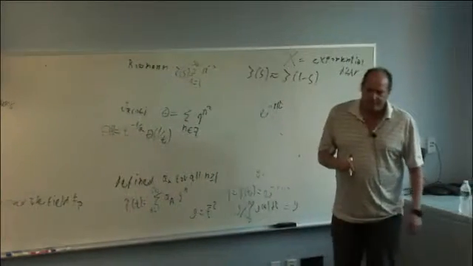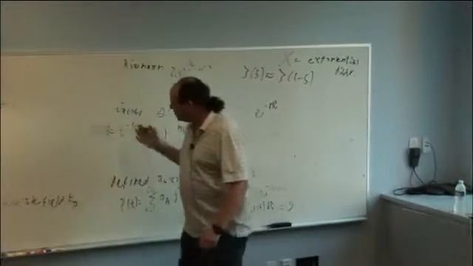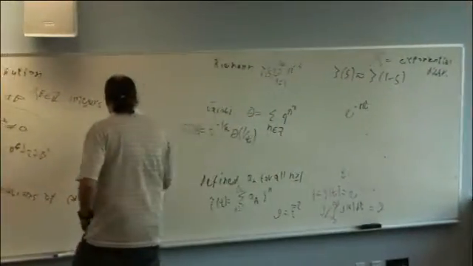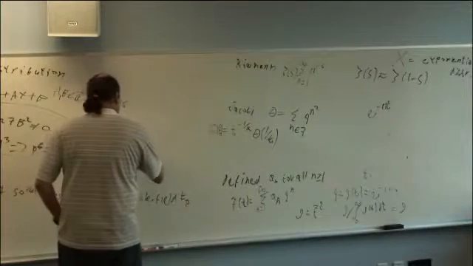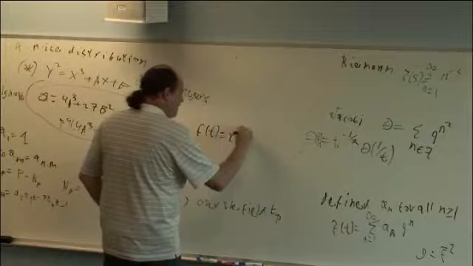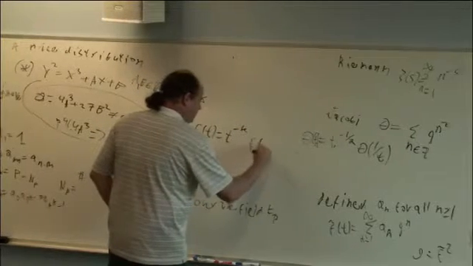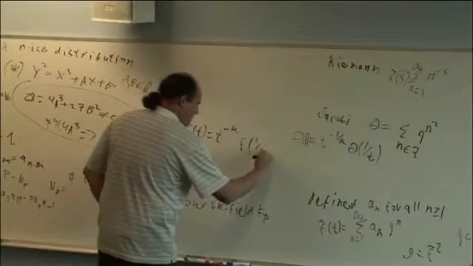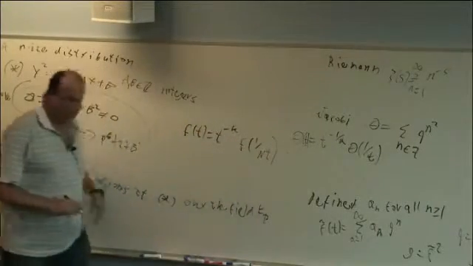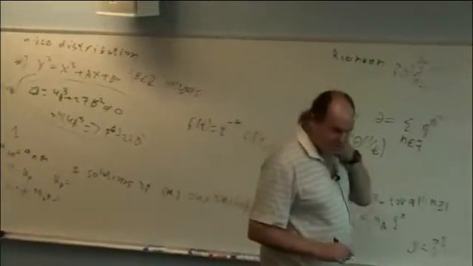Okay? Now, more generally, you may want to look at functions which satisfy this type of functional equation, because what we're going to do is going to work more generally in this setting.